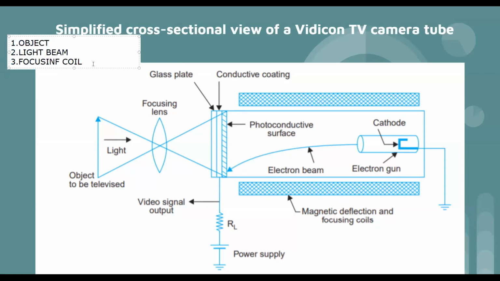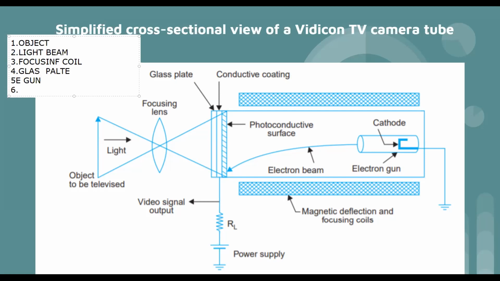So you have to make the particular coil, and you are having somewhat of a glass plate. So you need some glass plate. And what is the fifth one? You have to maintain some electron gun. And what is the sixth one?